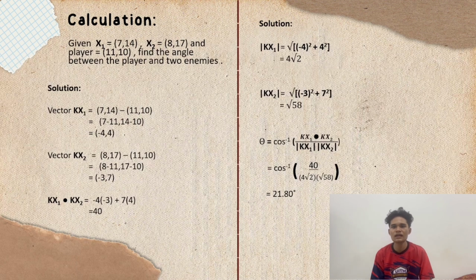The formula is arc cos of the dot product of kx1 with kx2 over the magnitude of kx1 multiplied by the magnitude of kx2. After all the substitution from the previous calculation, the final answer is theta equals 21.80 degrees.